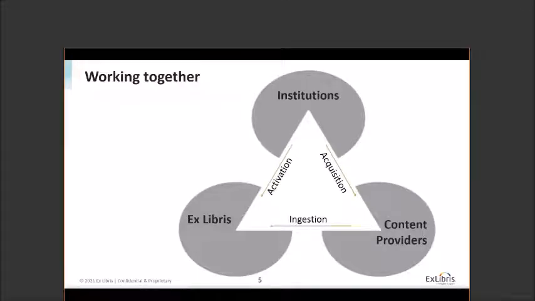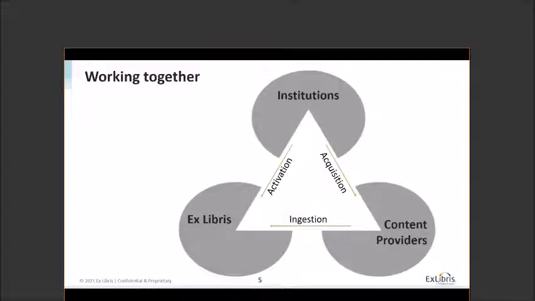Okay, so we talked before a little bit about the win-win, how the institutions, the content providers, and Exlibris are working together. Let's review this for a minute. The institutions are purchasing subscriptions for the content from the content providers.